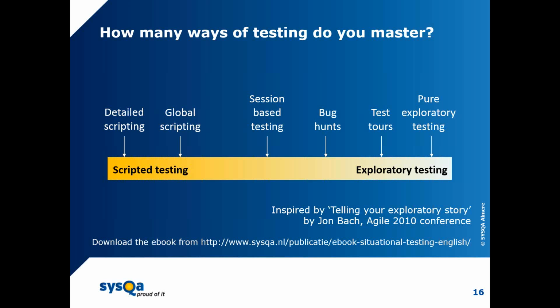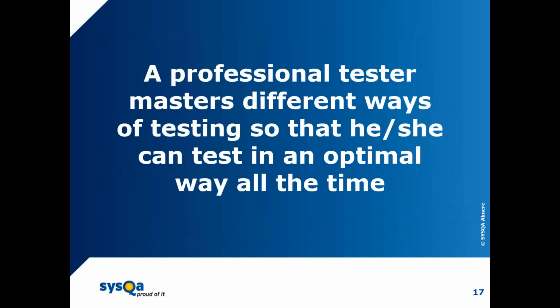Maybe you should go back in your mind to your last sprint. Are you certain that the way you tested in the last sprint or the sprint before is the most optimal way, if you would take all ways of testing into consideration? So yes, I think that a professional tester masters different ways of testing, and why not all 6, so he or she can test in an optimal way all the time.